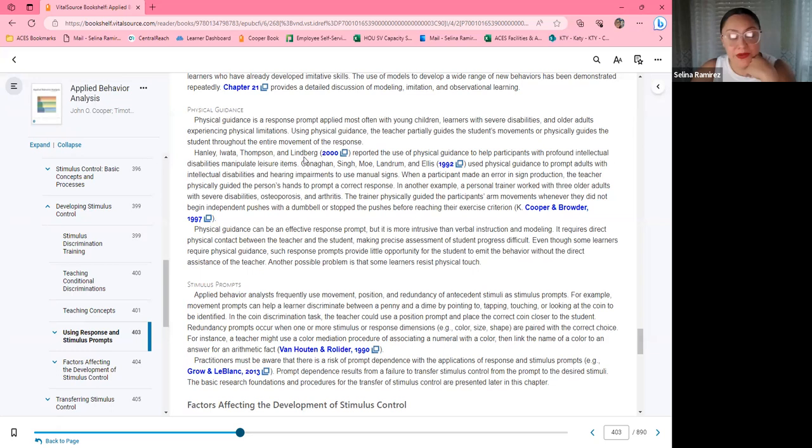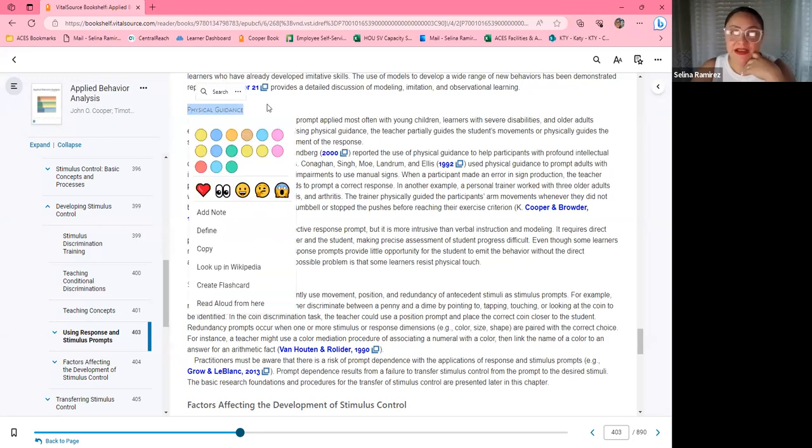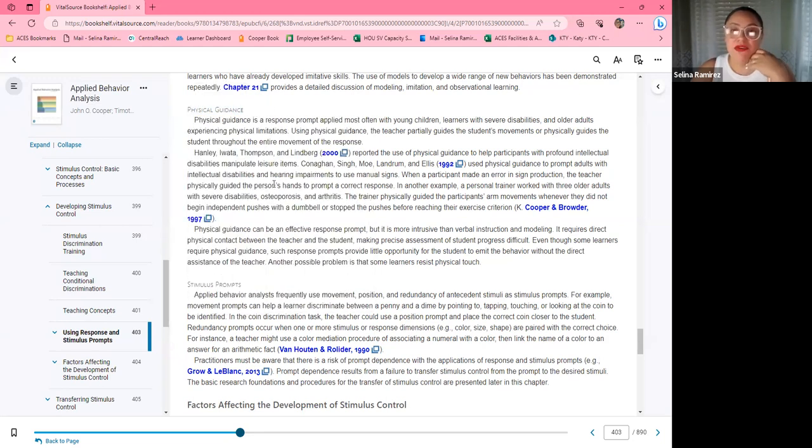But for other people that can do things on their own, this is always going to be your last resort, right? Physical guidance is going to be the most intrusive.